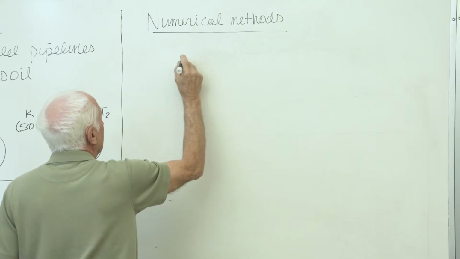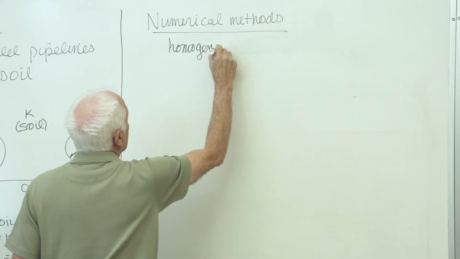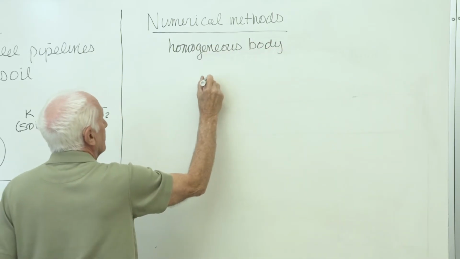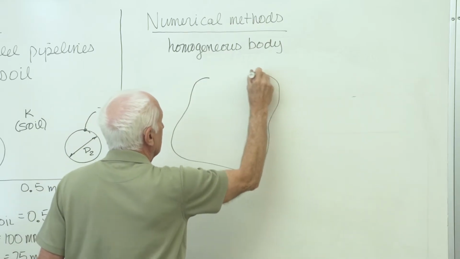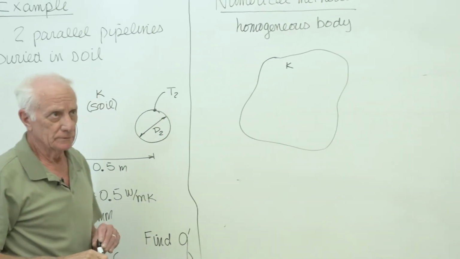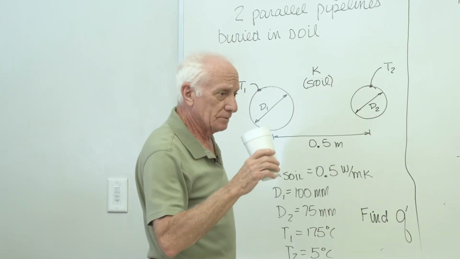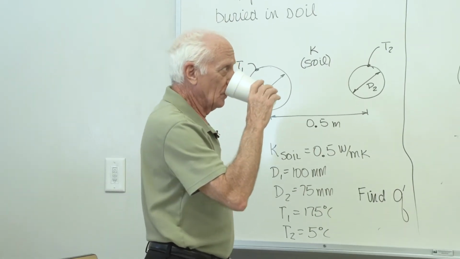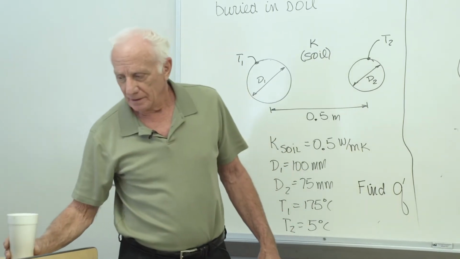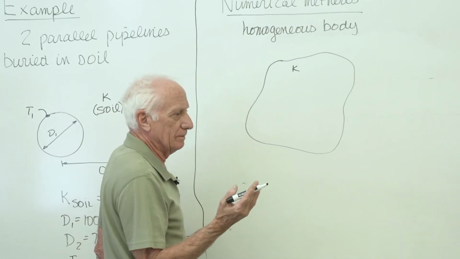So we have some homogeneous body, and it looks like this, maybe. Okay, conductivity. It's a conduction problem, and we're going to solve this by a numerical technique. To start that, we draw for the object a grid.